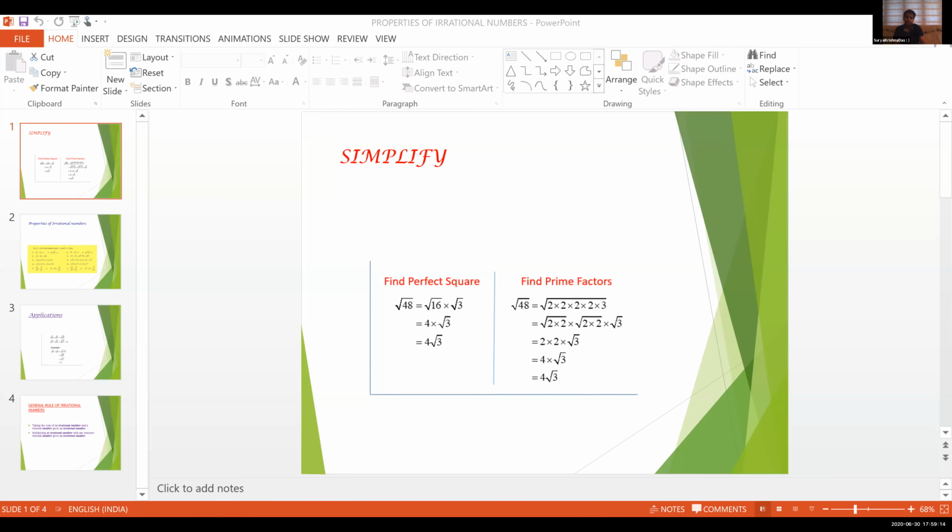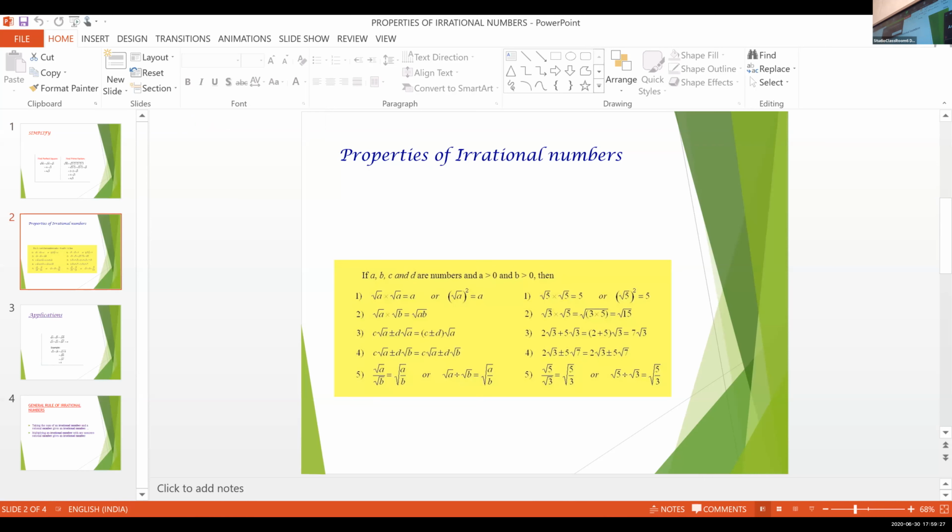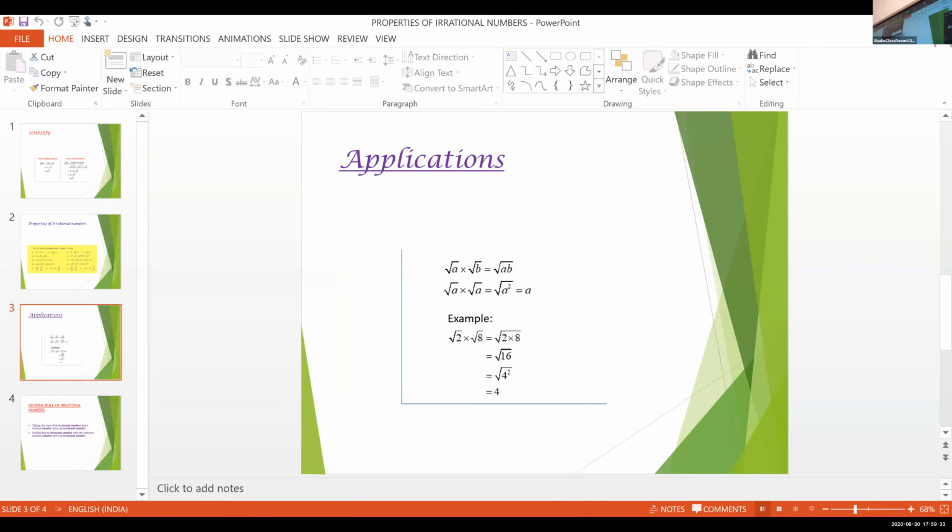So these are the properties of irrational numbers. The second slide is the properties of irrational numbers, and the next slide is the application of the same thing we just studied. Can you see that, Rihan? Yes, ma'am.